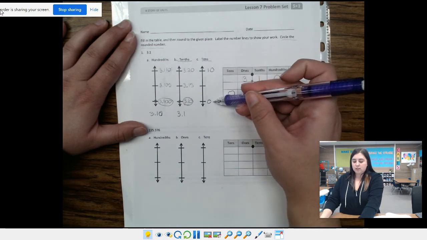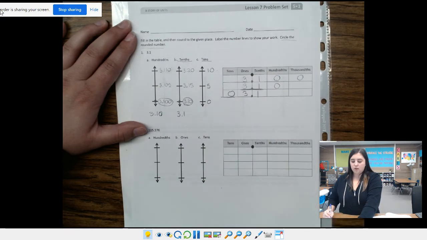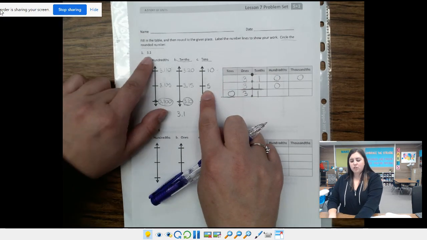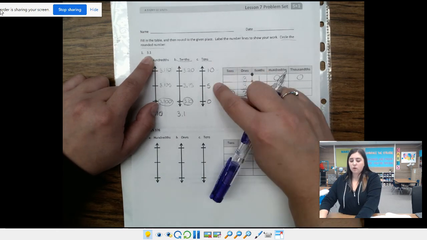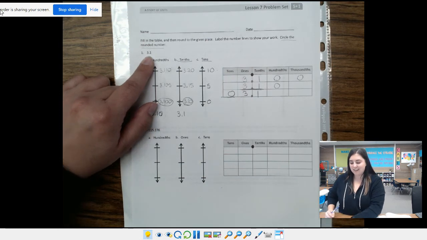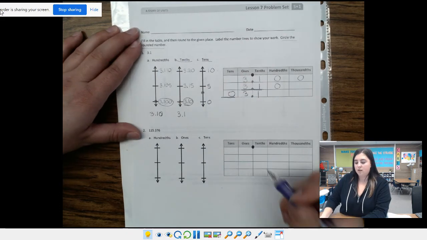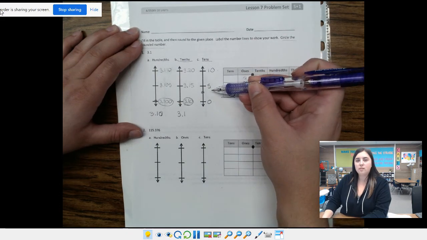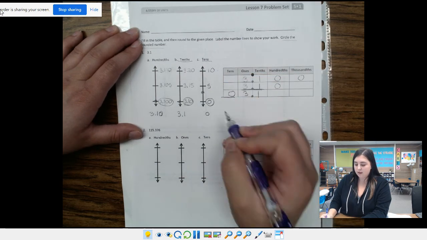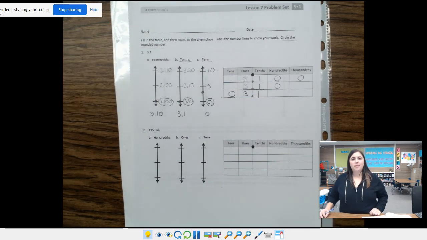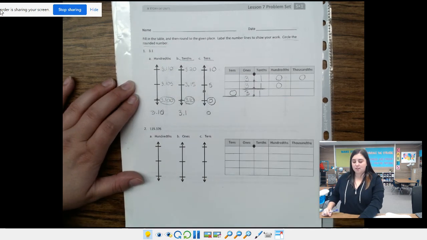Now, in between 0 and 10 would be 5. Where is 5 in relation to 3.1? Is 3.1 more than 5 or less than 5? It is less than. It would be somewhere, maybe here. If it's less than my midpoint, so 4 or less, let it rest. So my answer there is going to be 0. Such a weird problem. I don't really know why they had us round to these, but it's good practice.